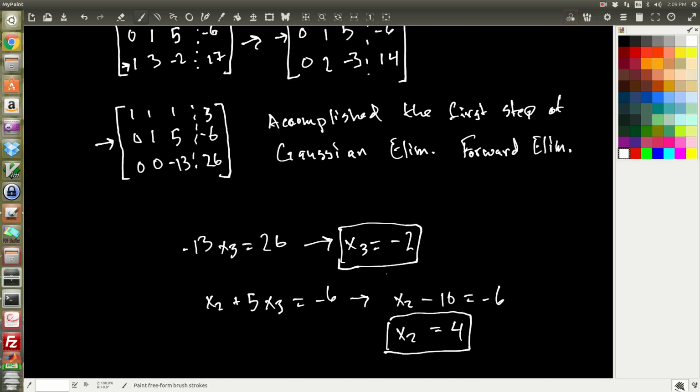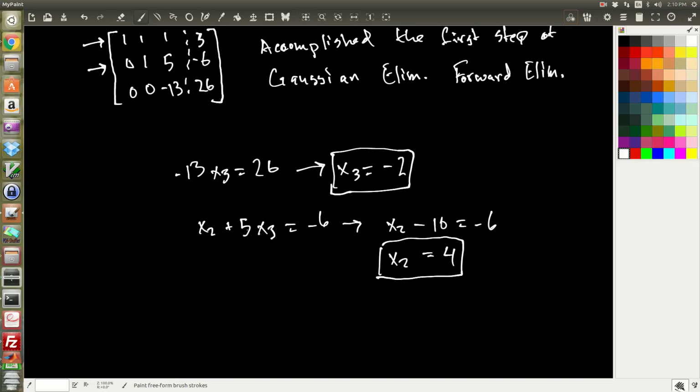Okay, now we have x3 and x2. We can substitute them back up into this final equation and get our solution for x1. We have the equation x1 plus x2 plus x3 equals 3. Substituting in our values for x2 and x3, we get x1 plus 4 minus 2 equals 3.